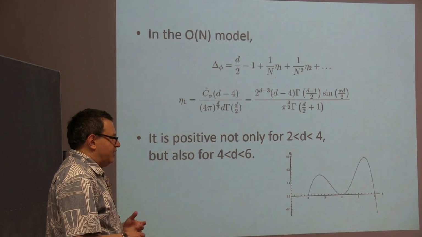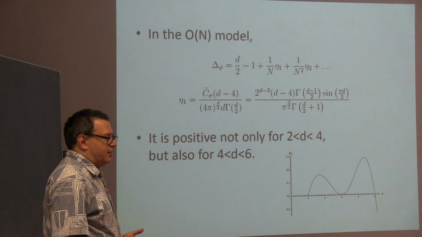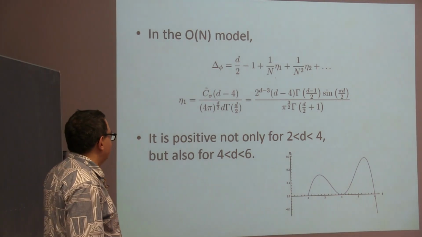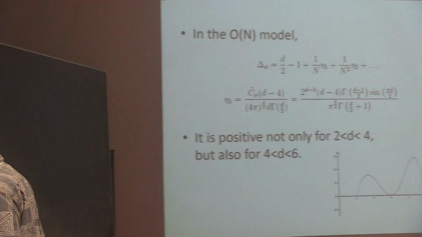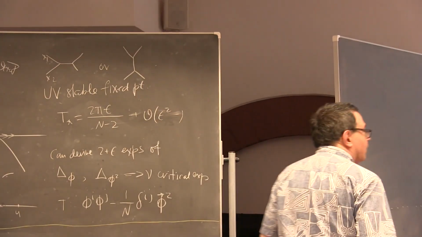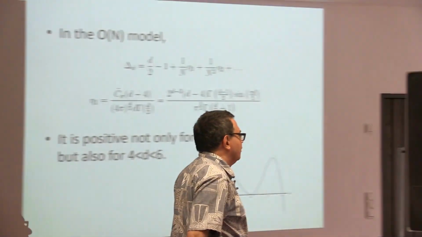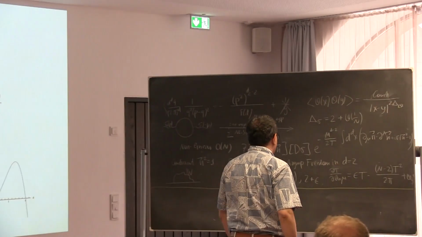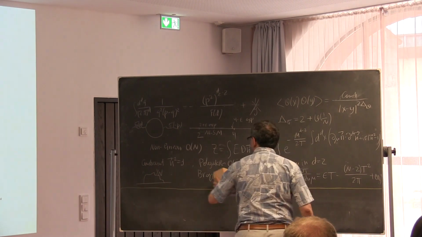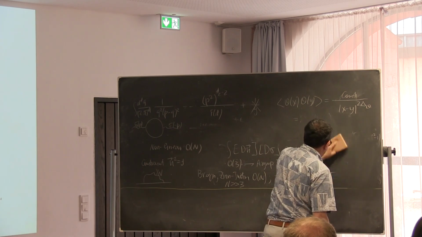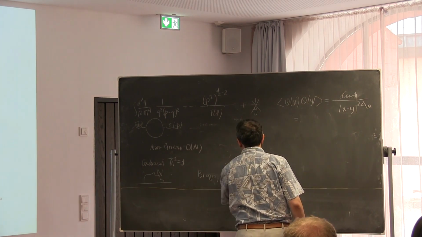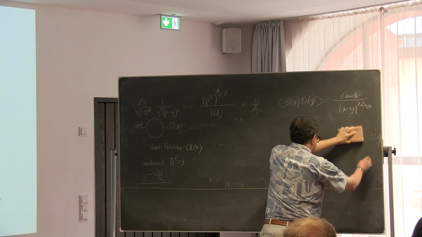So in a CFT, there is a notion of a unitarity bound. So for a scalar operator, there is the unitarity bound. Maybe I should write it down here. So this is the scaling dimension.